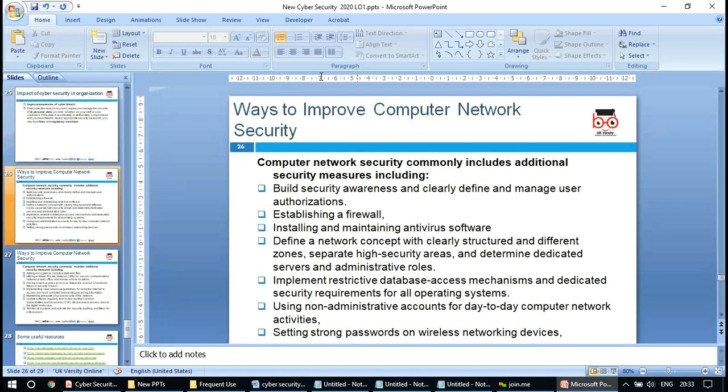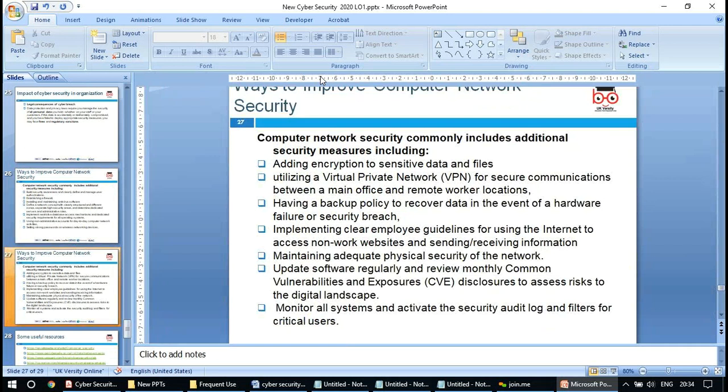So the ways to improve computer security are to build security awareness, clearly define and manage user authorizations, establish a firewall, install and maintain antivirus software, define a network concept with clearly structured and different zones, separate high security areas, implement restrictive data access mechanisms, use non-administrative accounts, so they have fewer privileges on daily computer network activities, set strong passwords, add encryption to sensitive data, use VPN, have a backup policy, implement clear employee guidance, maintain physical security, update software regularly, monitor all systems, and activate security logs.